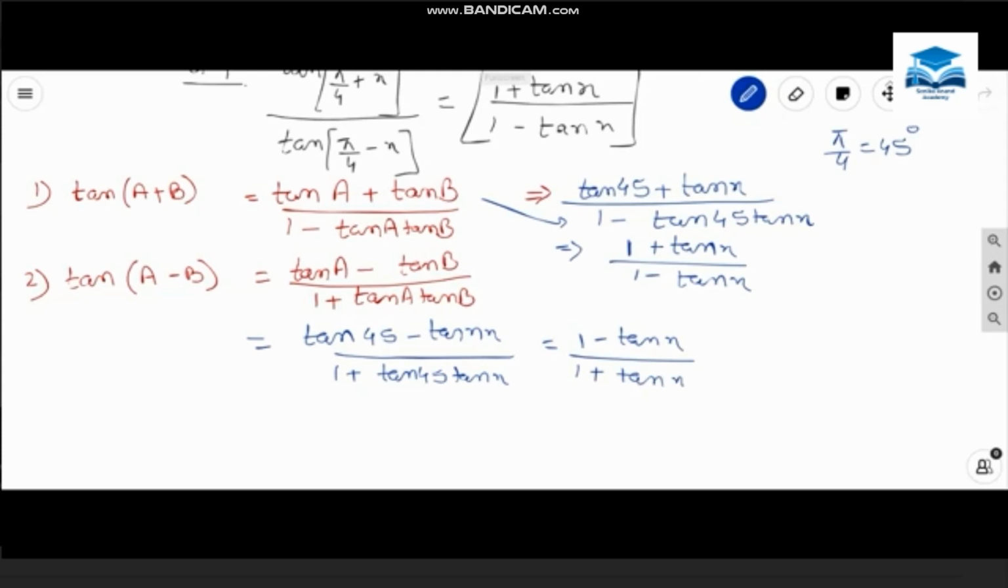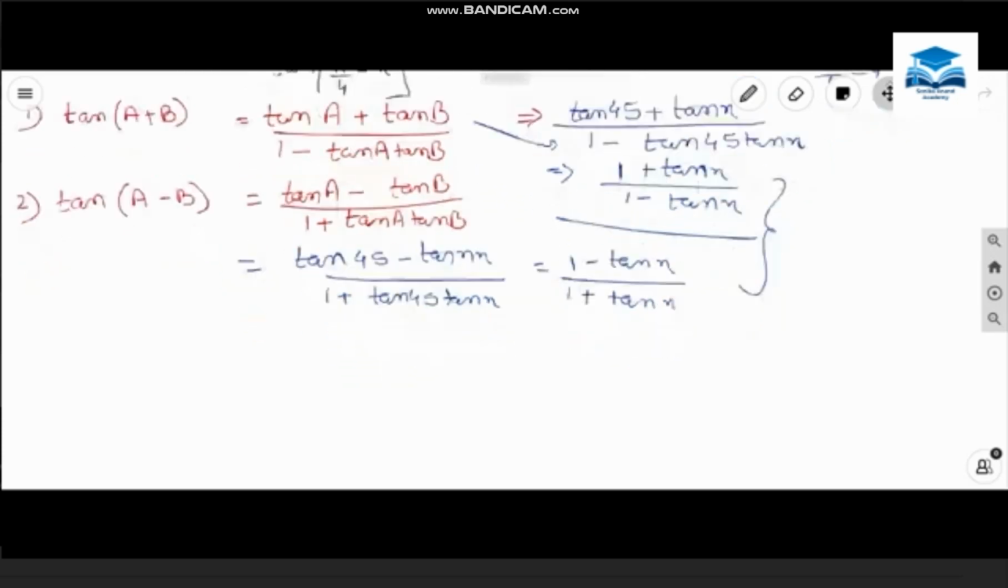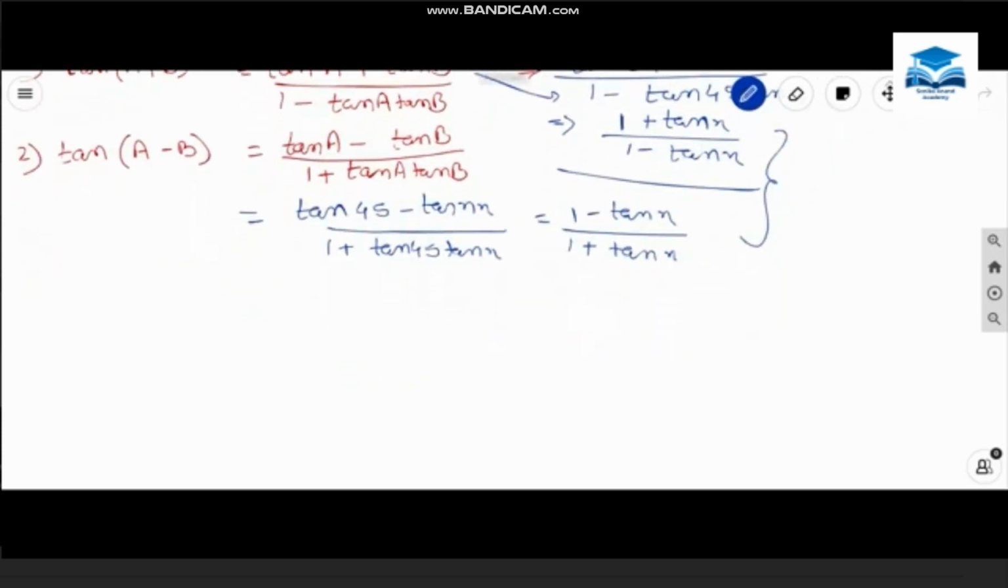Now, according to the question, we have to divide both of them. So, we can see over here, they are inverse of each other. So it becomes like this, 1 plus tan x into 1 plus tan x goes up.